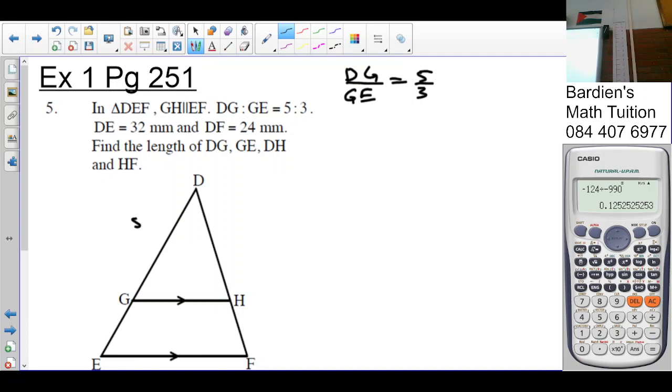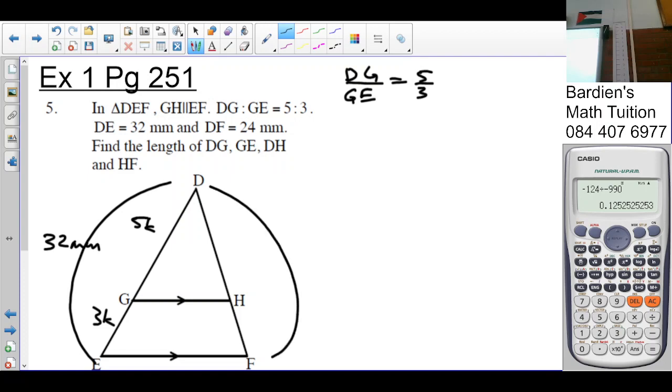So that's going to be 5K and GE is 3K. Then DE is 32 millimeters, DF is 24 millimeters. Find the length of DG and a whole lot more lengths.